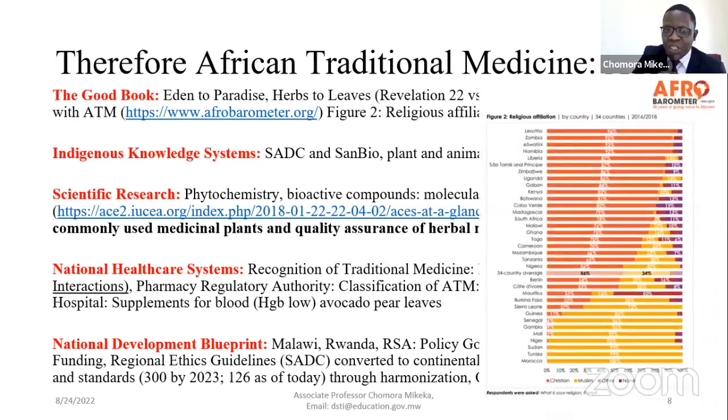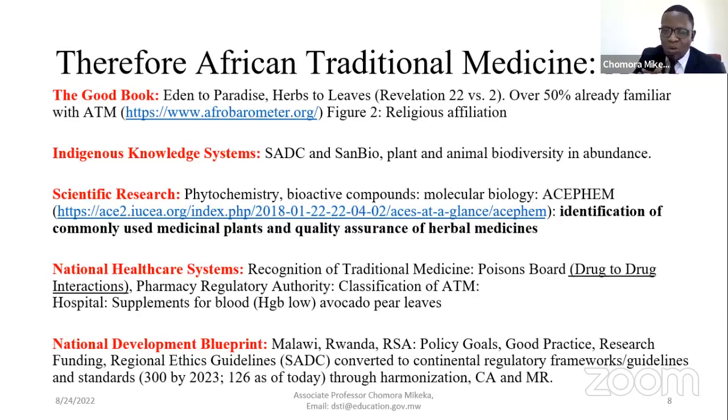Scientific research in phytochemical analysis, bioactive compounds, molecular biology, some of it, for example, at the African Center of Excellence in Public Health and Family Medicine, World Bank, in Malawi, looks at the identification of commonly used medicinal plants and the quality assurance of herbal medicine. So quality assurance is one of the key things, which is very important.